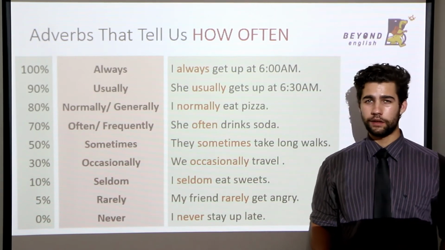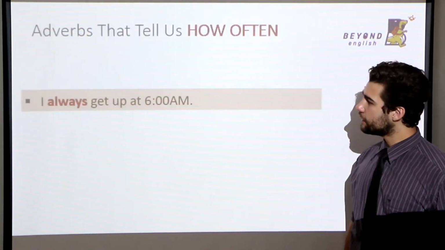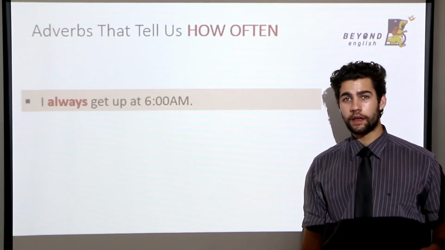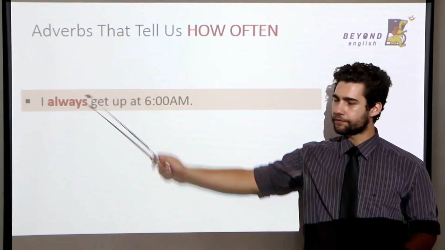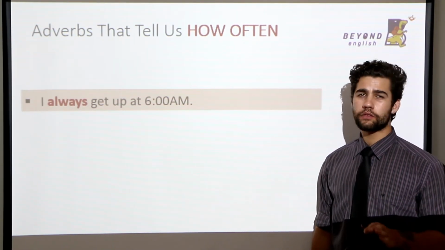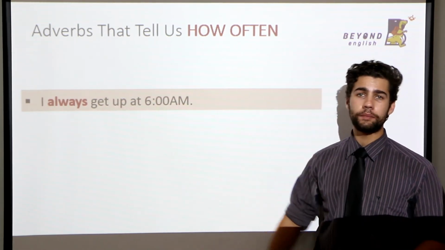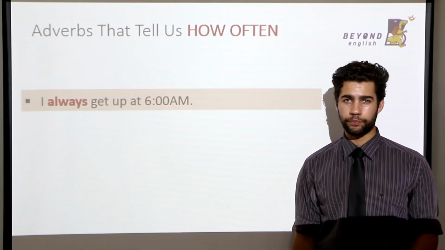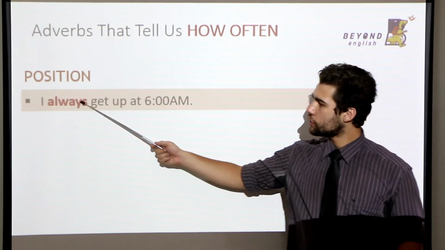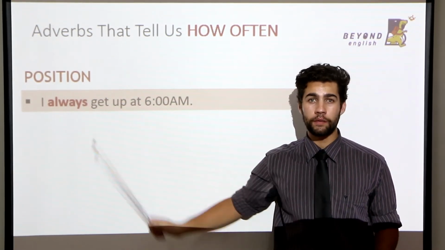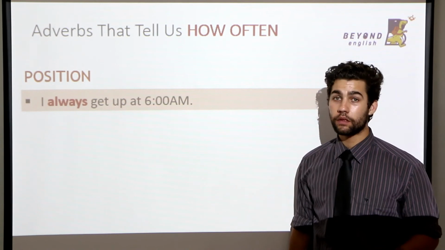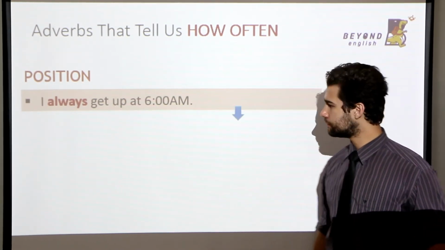Okay, well done. Now, let's look at the position of our adverb. So, let's read the sentence. I always get up at 6 a.m. The position is always after our subject. Let's look at the structure.